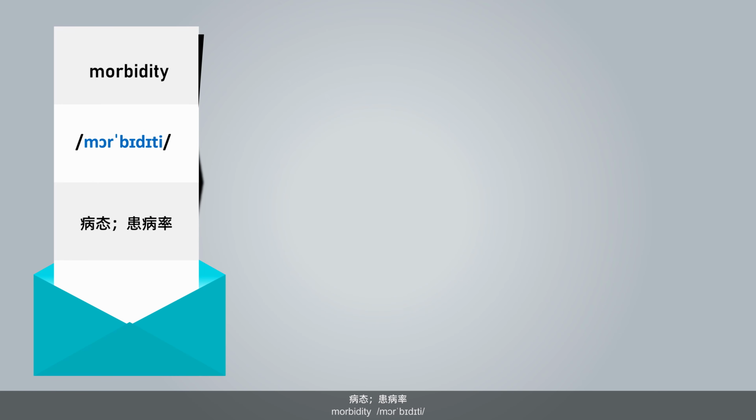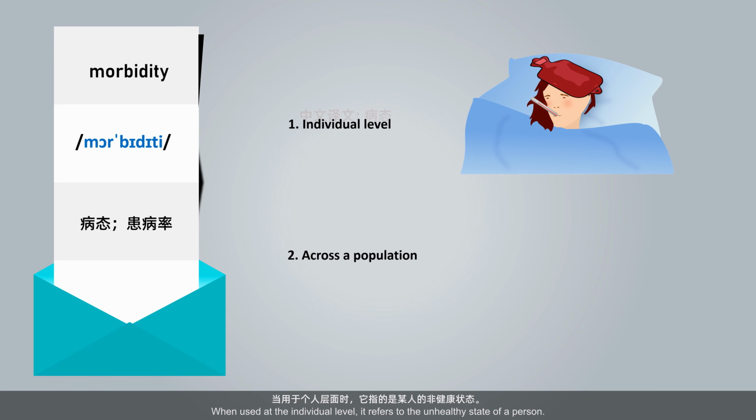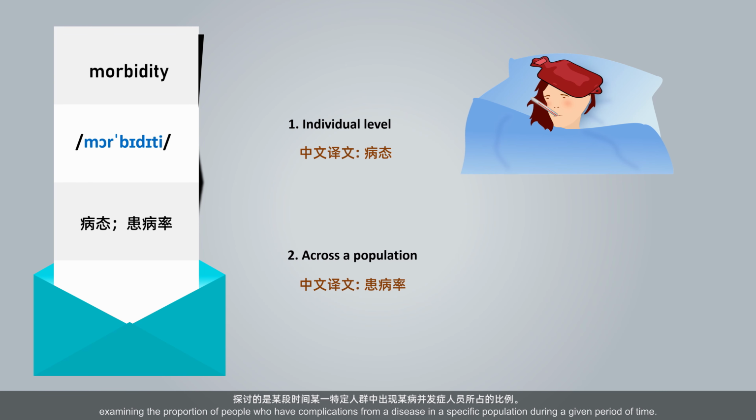Morbidity. Morbidity can be used either at the individual level or across a population. When used at the individual level, it refers to the unhealthy state of that person. When it is used across a population, it is also known as morbidity rate, examining the proportion of people who have complications from a disease in a specific population during a given period of time.